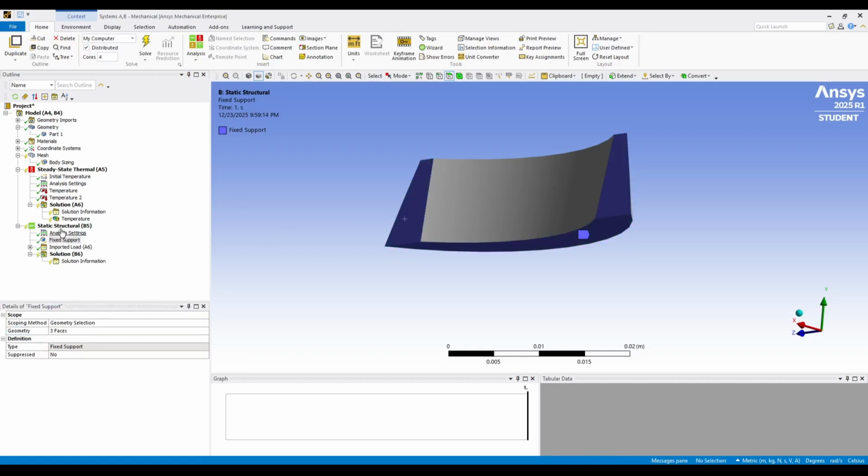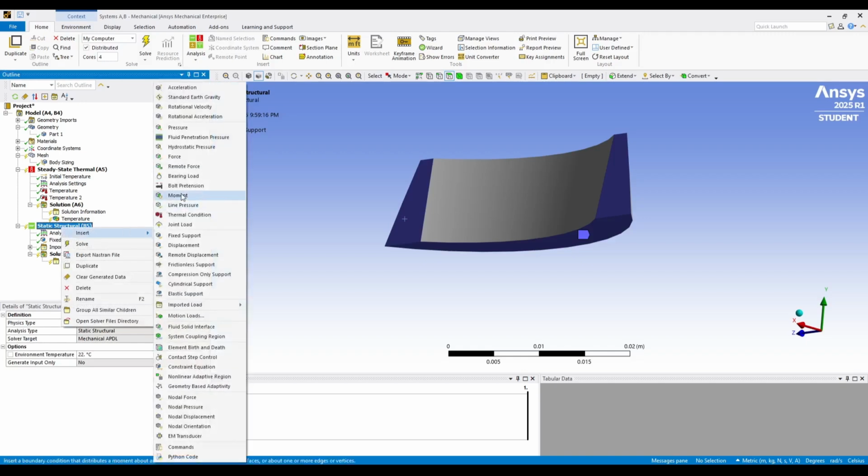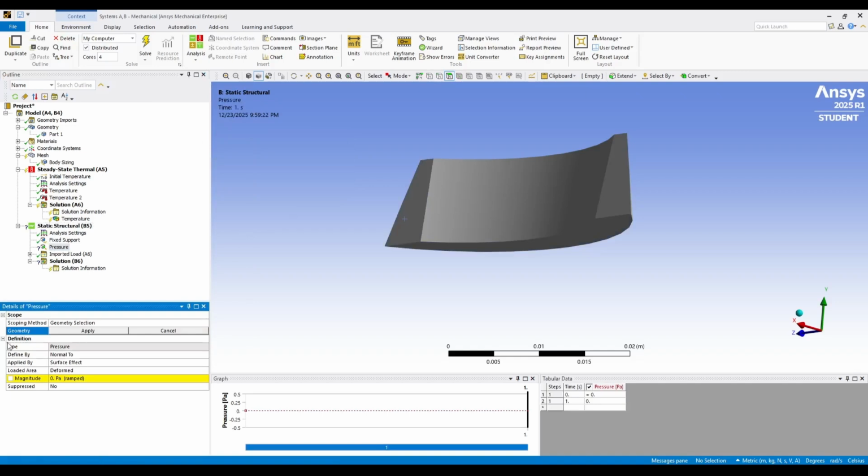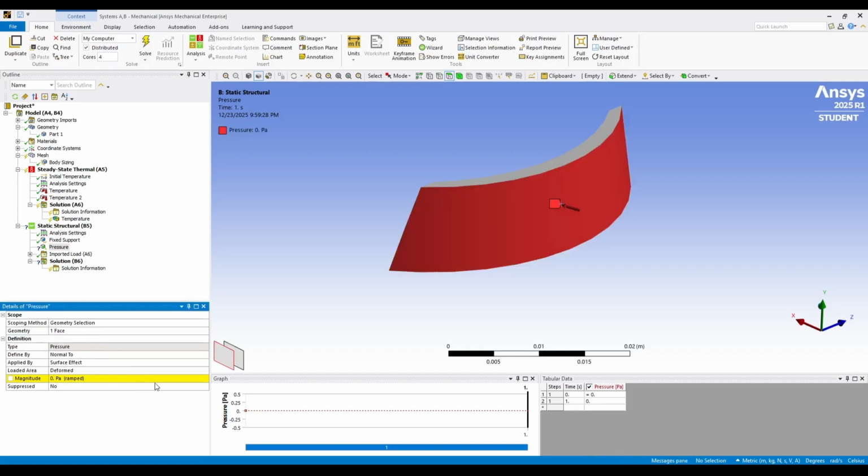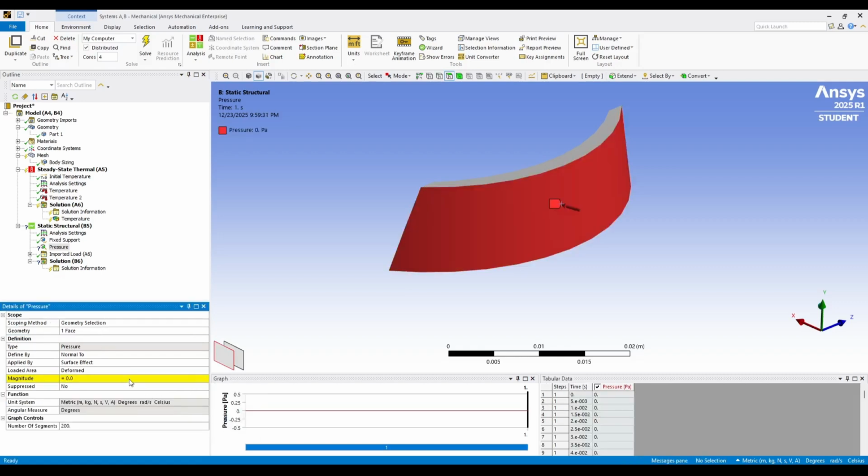In this analysis, the applied loads are defined in a realistic manner to closely represent actual operating conditions of the dam. The hydrostatic pressure on the water side is not applied as a constant value. Instead, a pressure gradient is created using a function in ANSYS.